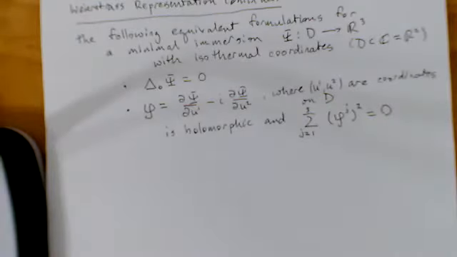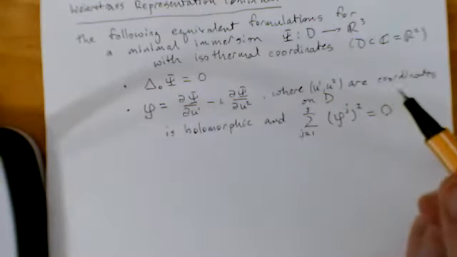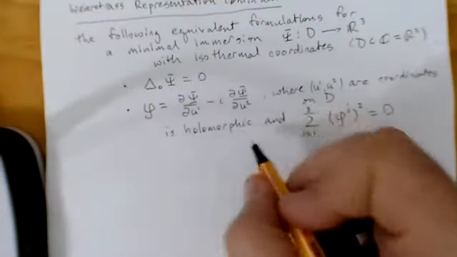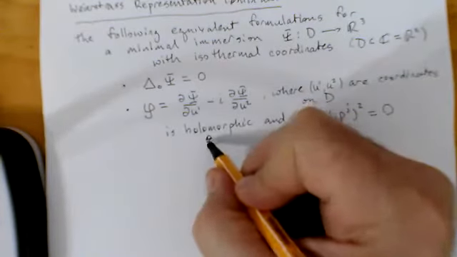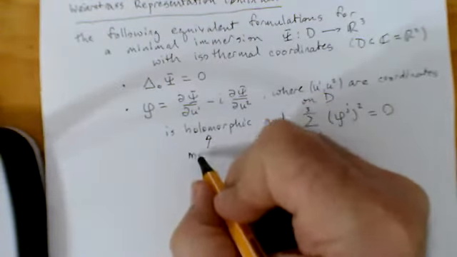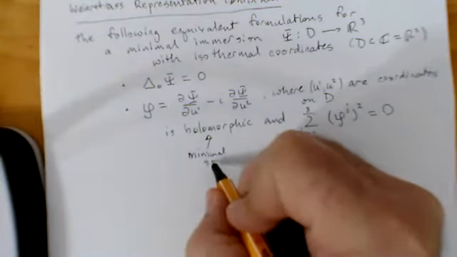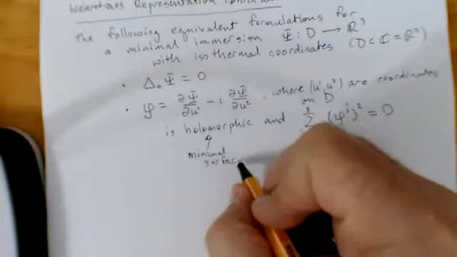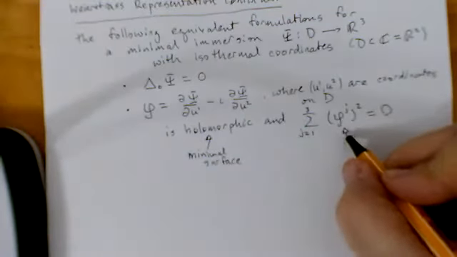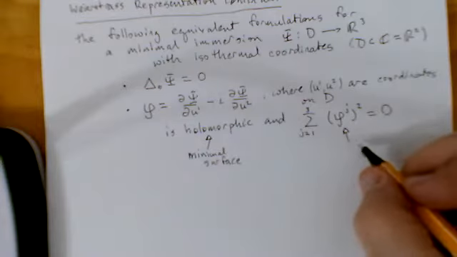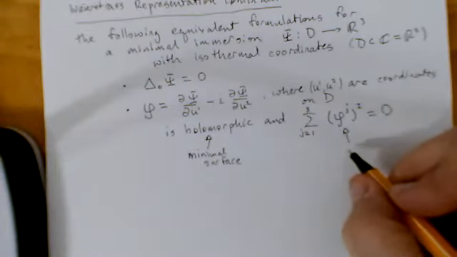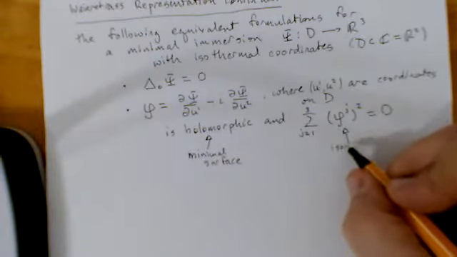Right. So if I break down what these two properties tell you, this is what tells you that I have a minimal surface, and this is what tells you that I have isothermal coordinates.